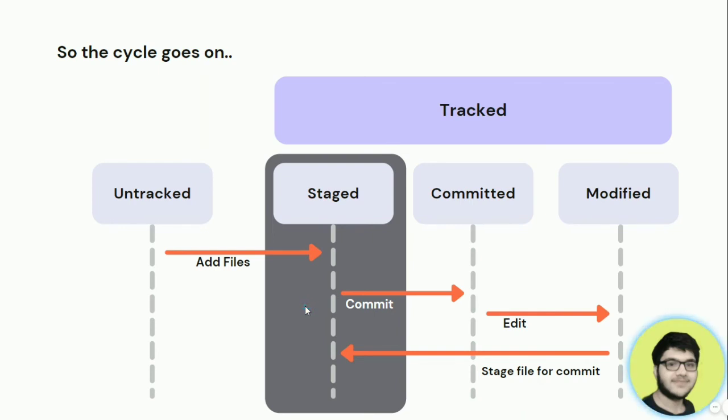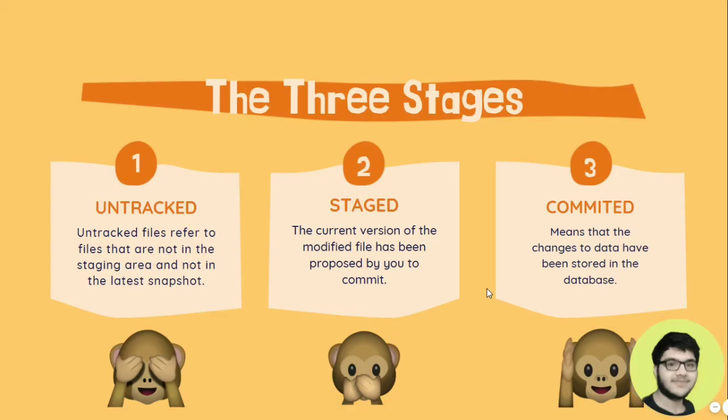You have to again bring it back to the staging area and then create a fresh commit. You can't club this into the old commit. You have to make a fresh new commit for the modification you have done. So this is how the cycle goes on. This is one iteration I have shown. As you can see, explanation has been given for three of the stages: untracked, staged, and committed.